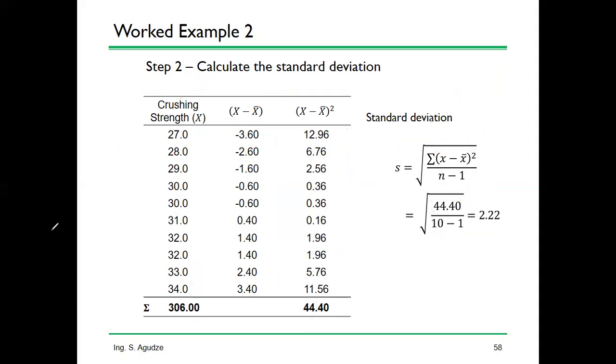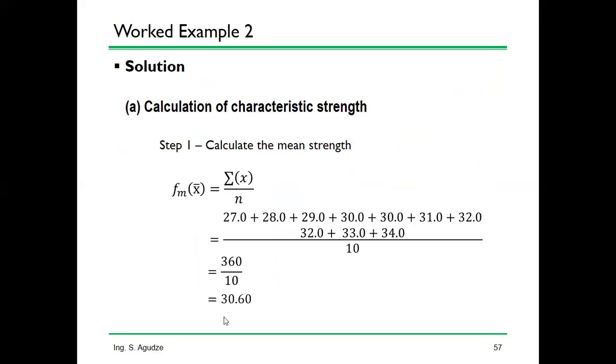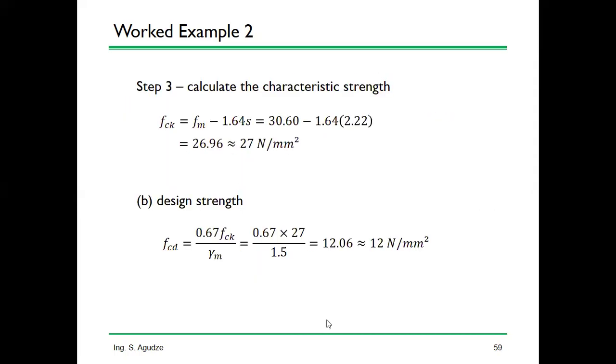I'm clearing the screen. So remember the standard deviation is 2.22, and the mean or the average strength is 30.6. Okay, so now we come back here, we substitute. When you do substitution, voila, we get 26.96, so approximately 27.